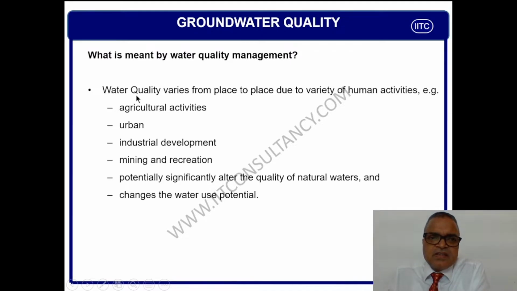Water quality may also vary from place to place due to human activities. You can ask how human activity can change the water quality in the ground. There is a relationship between water quality and human activities. For example, agricultural activities. In agricultural land, we use different kinds of insecticides, pesticides, and microchemicals.